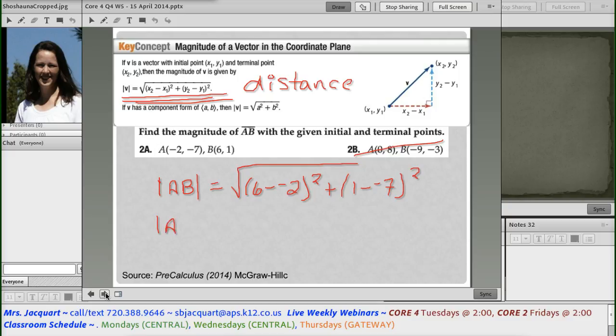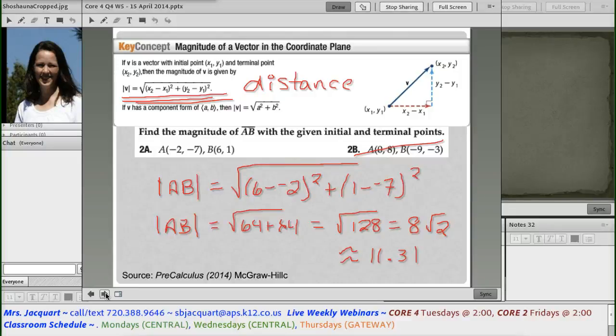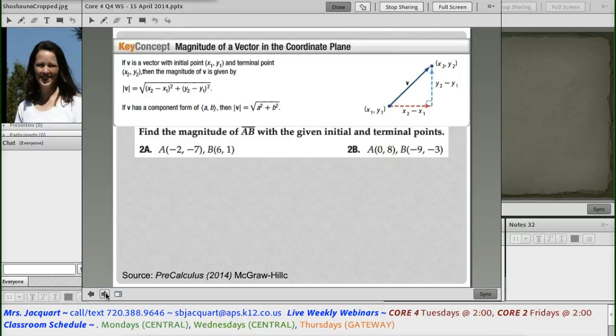So absolute value AB equals square root 64 plus 64 equals square root 128 equals 8 square root 2, which is approximately 11.31. Cool, we already did that one, so let's just work the other one.